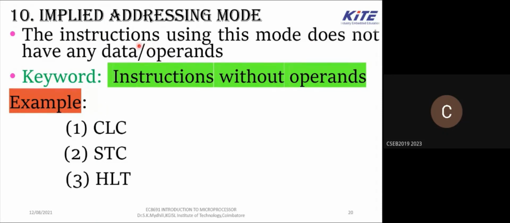Those instructions which occur without any operands specify the implied addressing mode. So all the machine control instructions come under this: ESC, CLC, CMC, STC, HLT, and so on. All of them specify the implied addressing mode.